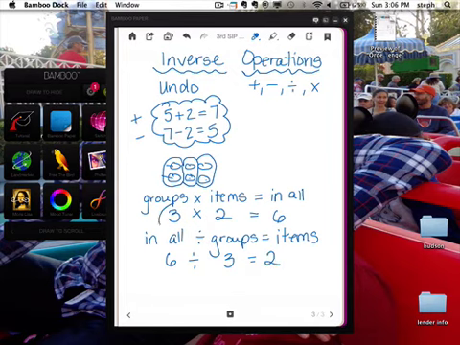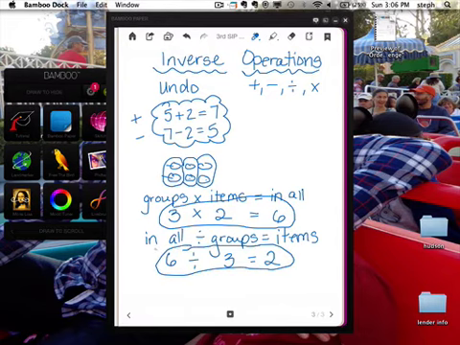So we undid the multiplication problem by doing the opposite with division. It's just a fact family. So multiplication and division are inverse operations. And you could also call them fact families.